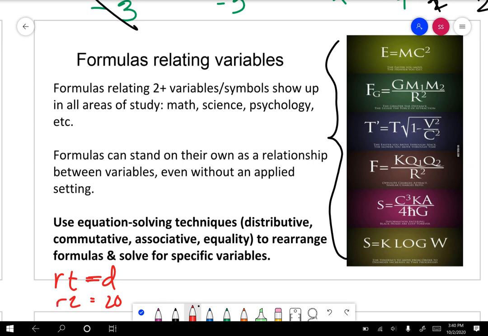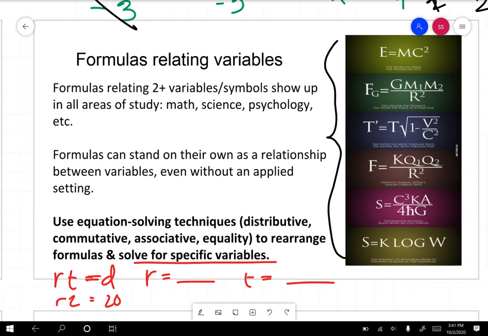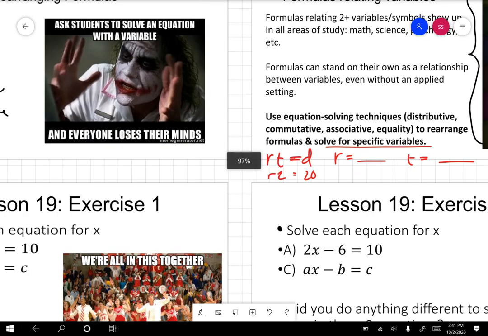We would need to rearrange the formula to solve for r. So we don't need r times t equals d. We need it to look like r equals something. Or maybe we need to solve for time. We need to know how to rearrange those formulas to solve for specific variables. So that's what we're going to be looking at today.